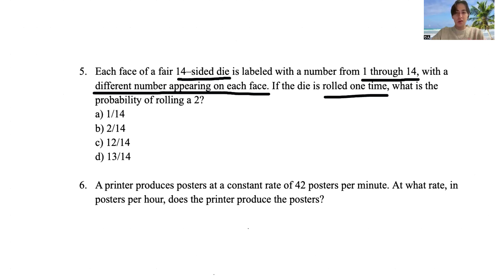So what is the probability of rolling a 2? If each side has a different number and only one side has the number 2 on it, that means you only have a 1 out of 14 chance of rolling a 2. This applies to every other number on the die.